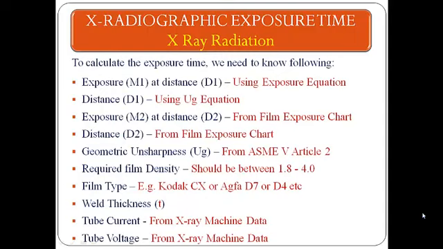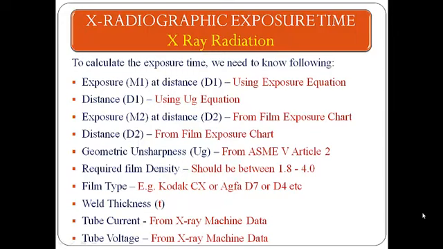To calculate the exposure time, we need to know the following. Exposure M1 at distance D1 using the exposure equation, distance D1 using the UG equation, exposure M2 at distance D2 from the film exposure chart, distance D2 from the film exposure chart, geometric unsharpness from ASME 5 article 2, required film density which should be between 1.8 to 4.0.